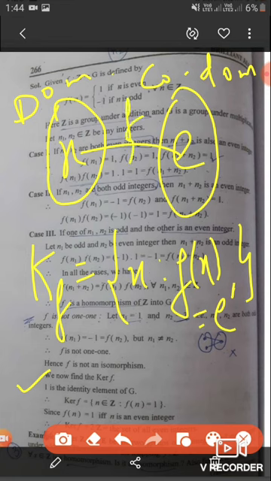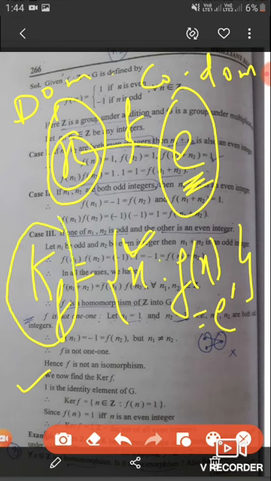If there is a function that associates elements of the domain to the identity element of the codomain, then those elements will be included in the set which is known as the kernel of a function.